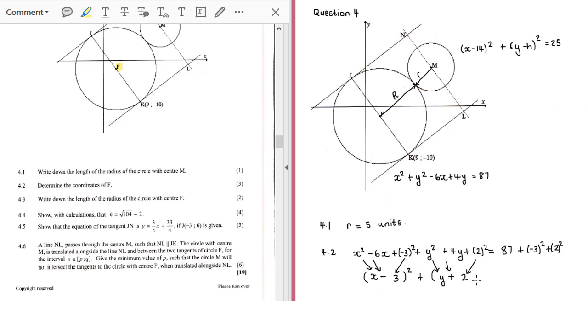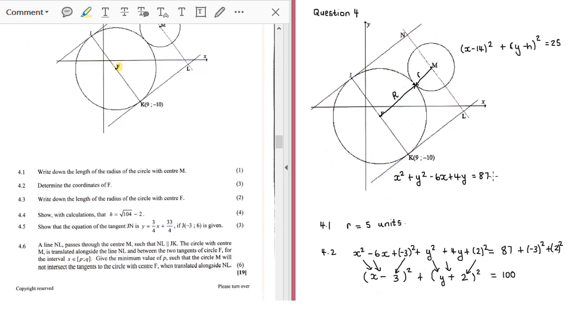Then we square this entire bracket and evaluate the other side. On your calculator, 87 plus (−3)², which is plus 9, and then plus 4, gives 100.